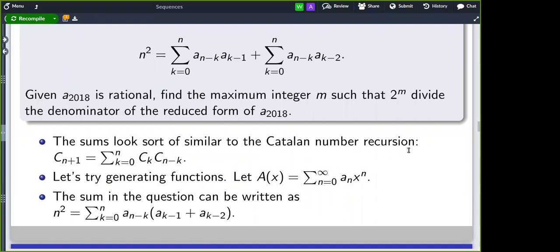It's just that the sums look pretty similar. So our recursion is completely different. We don't know what the sequence is right now. We're trying to find out what its general term is by using a generating function.